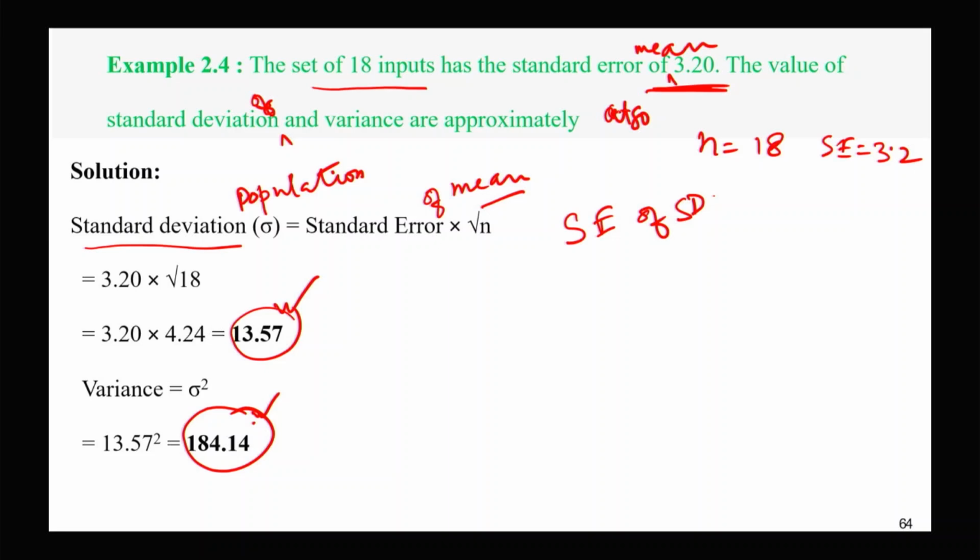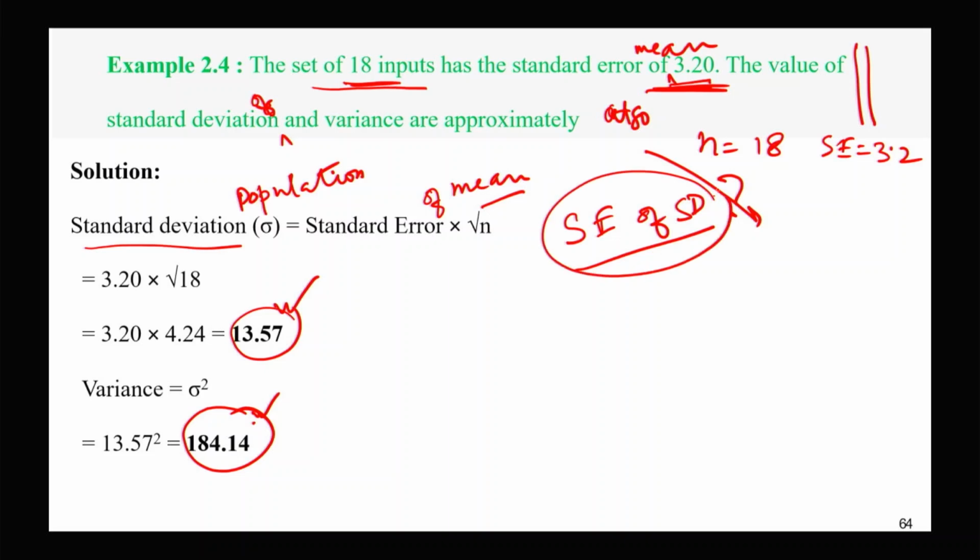Now, based on the given data, standard error of mean is given, total data points are given, and we are supposed to calculate the standard error of standard deviation. So in that case, this is what we have to do.